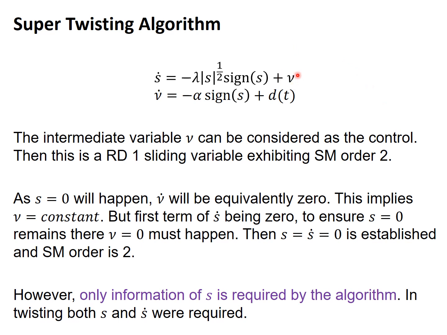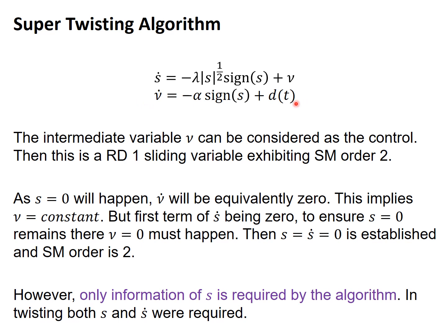If we consider this as a control input, that means from the real system you take S dot, you get something plus a U, and then you design that U in such a way that S dot takes this form. That can always be done. Then you select nu in this manner.